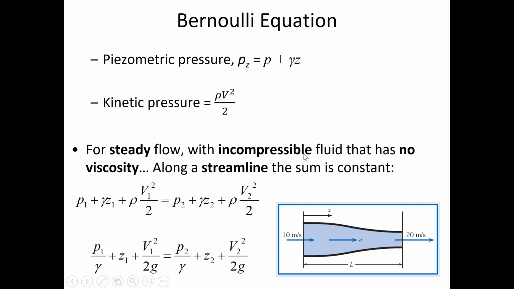And what did you remember seeing? The little piezometer tubes that went up through the pipe, how did the pressure change in the throat where the diameter was lower? It was smaller, right.